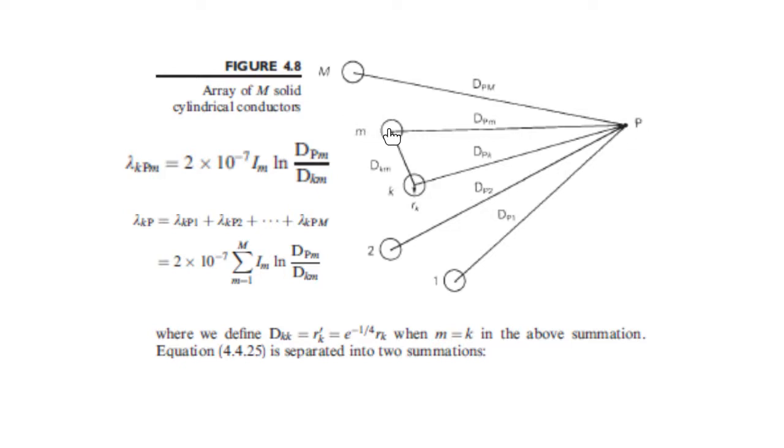Conductor M has an effect on P by itself, and conductor M also has an effect on K. Therefore we have flux linkage between M and K. This effect on K, we want to measure it at point P. This is the idea.